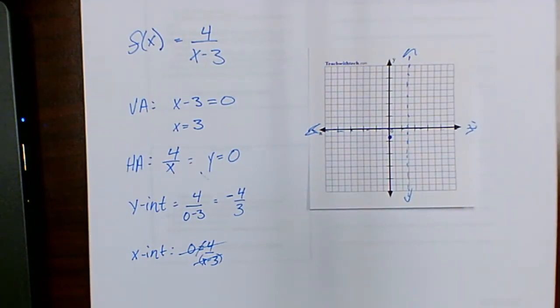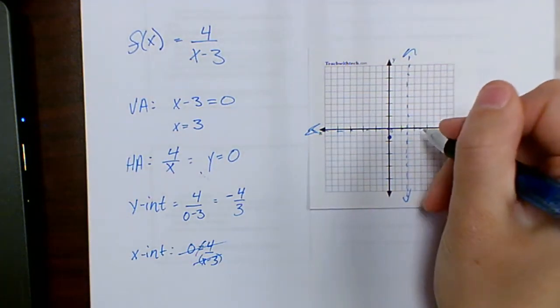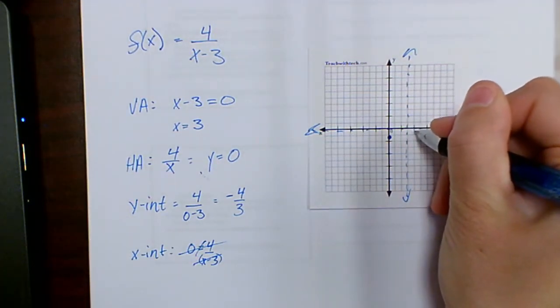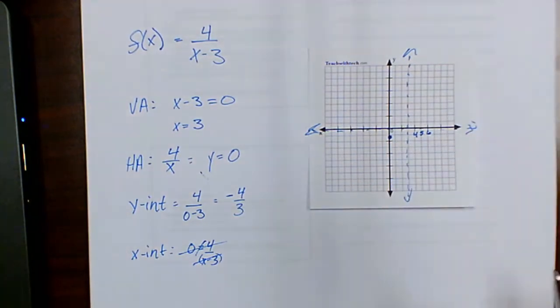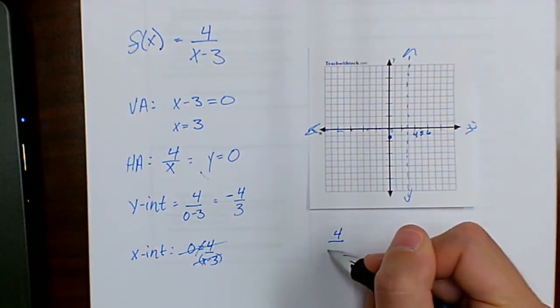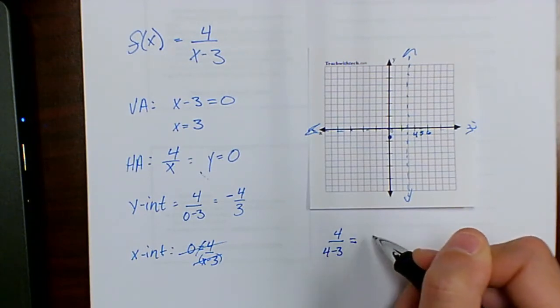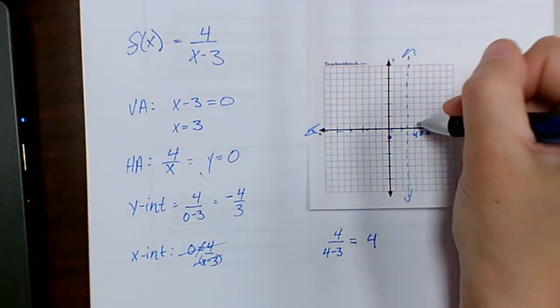So now what we're going to do is say, okay, what will happen if we have a value at 4 or 5? So here, let's count 1, 2, 3. This is 4, this is 5, this is 6. So I'm going to go ahead and plug in the 4 for x, and we see that we get 4 as an output.